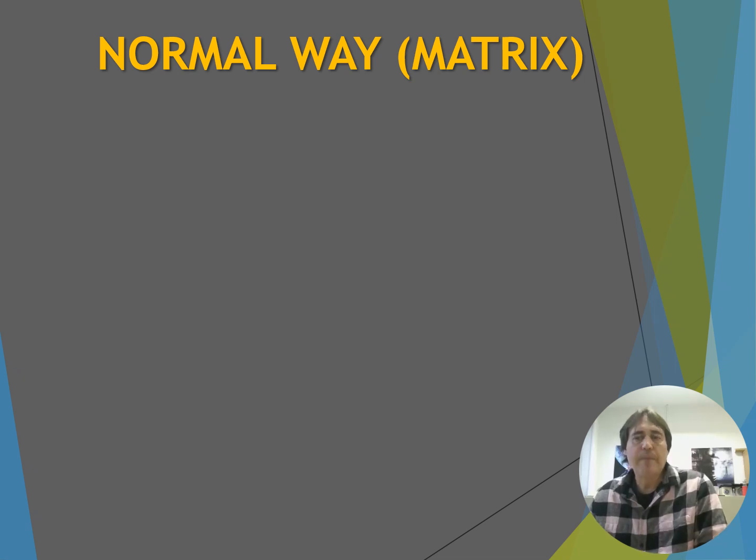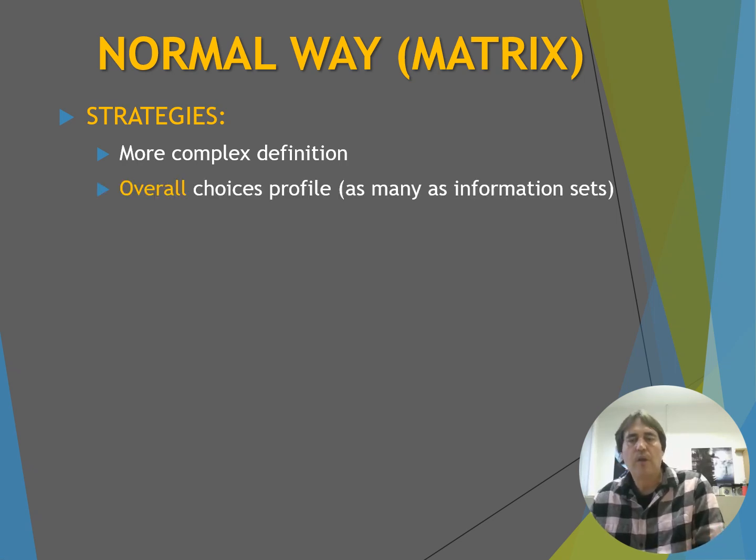In static games that we showed in previous videos, a strategy was simply an action. In dynamic games, on the other hand, a strategy is generally something more complex. In particular, a strategy of any player in dynamic games will be a list or vector of actions, one for each information set the player has, with each action corresponding to a different information set.